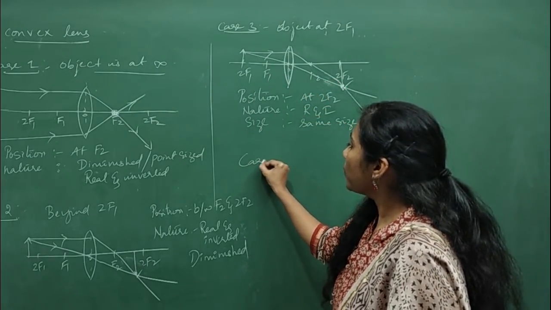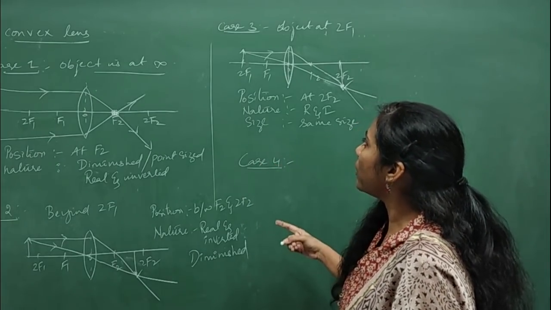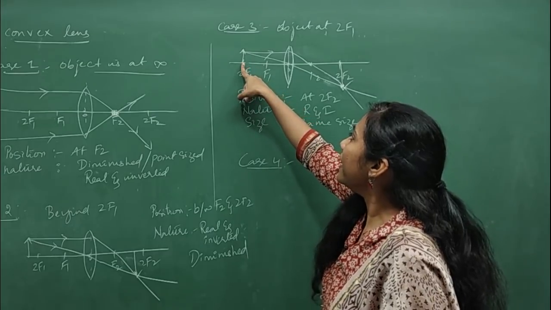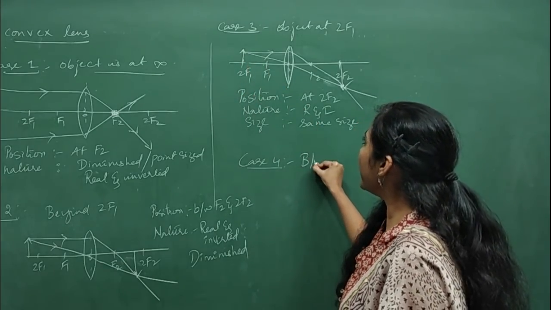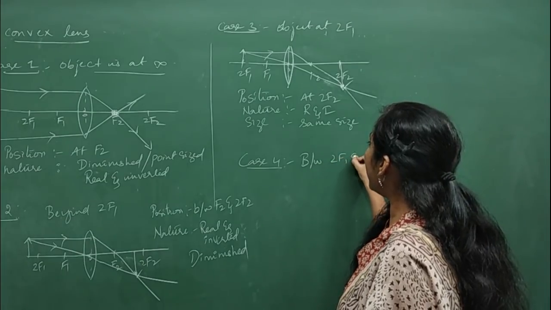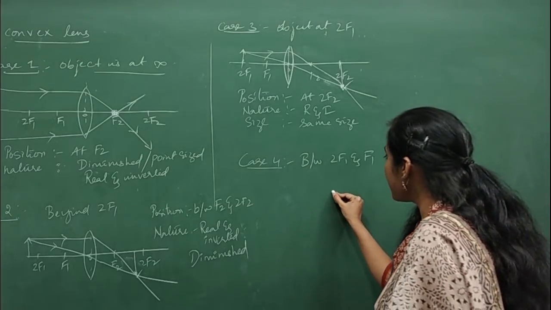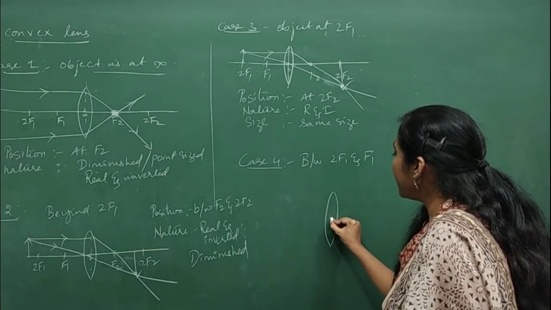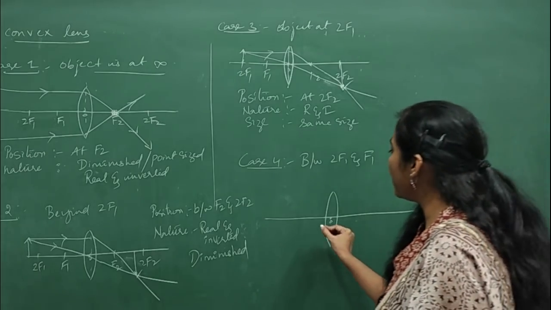And coming to case 4. So in case 4, what will I do now? I'll keep my object between 2F1 and F1, right? So now what is the ray diagram that you can draw in this case, and where will you show the position of the image?